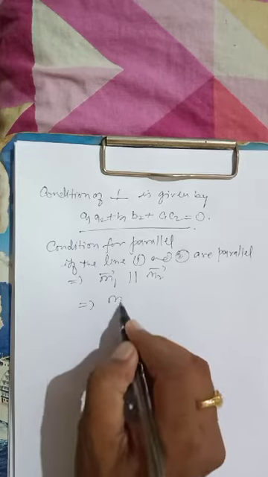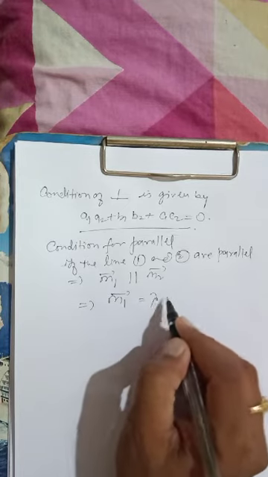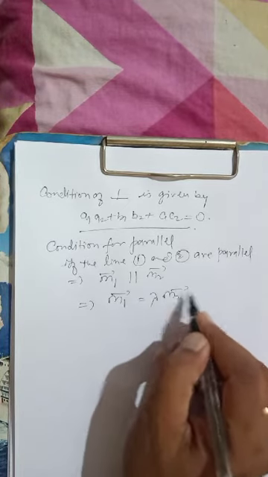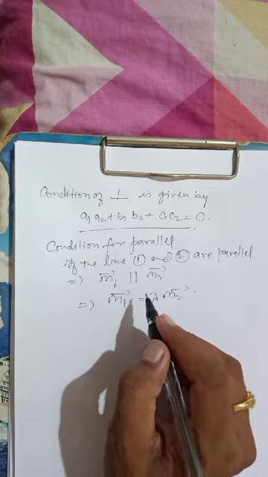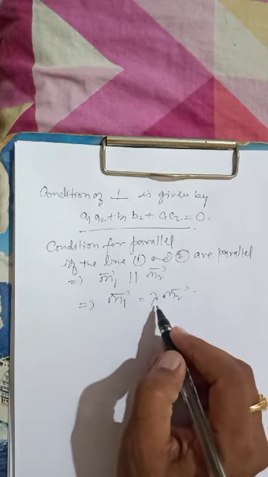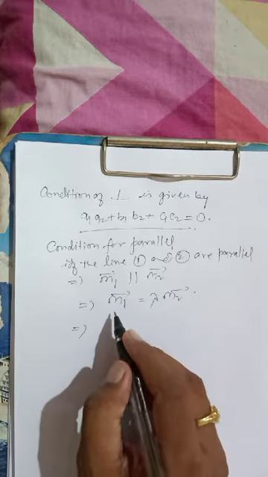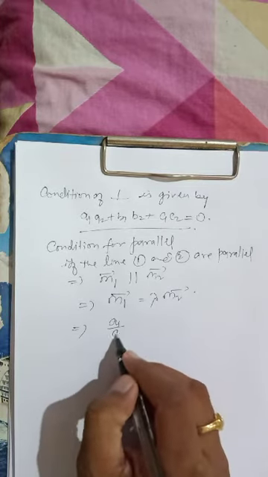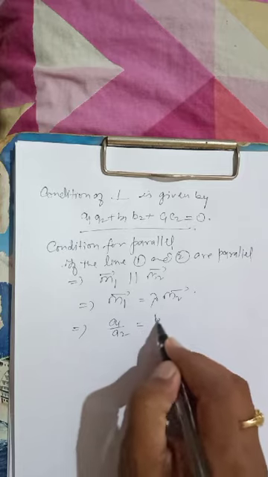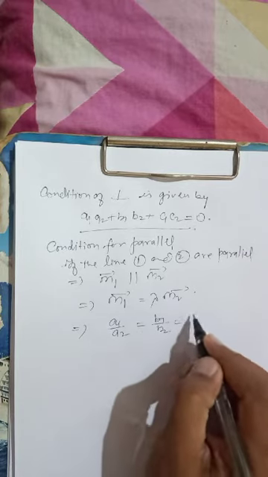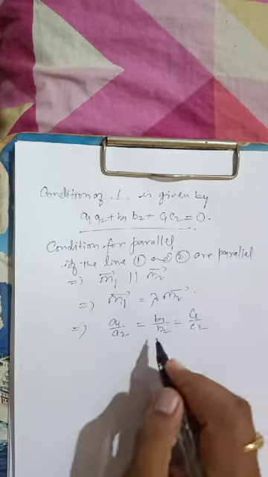So the required condition is m1 vector is equal to lambda times m2 vector, where lambda is some scalar. So it means a1 upon a2 is equal to b1 upon b2 is equal to c1 upon c2.